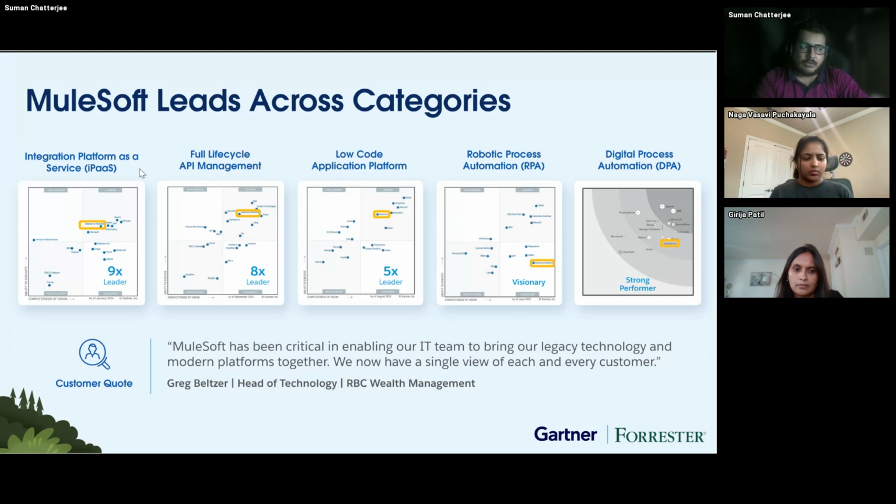Now, with a long-standing presence in the iPaaS section, MuleSoft has earned the market leader position for middleware integration. It's been awarded as a visionary in RPA by Gartner, and it's become a strong performer in the Forrester Wave.